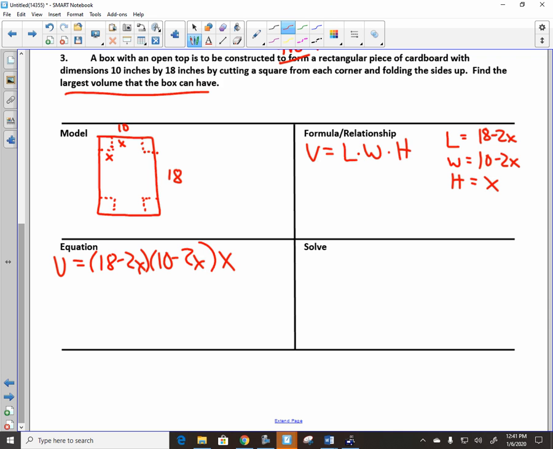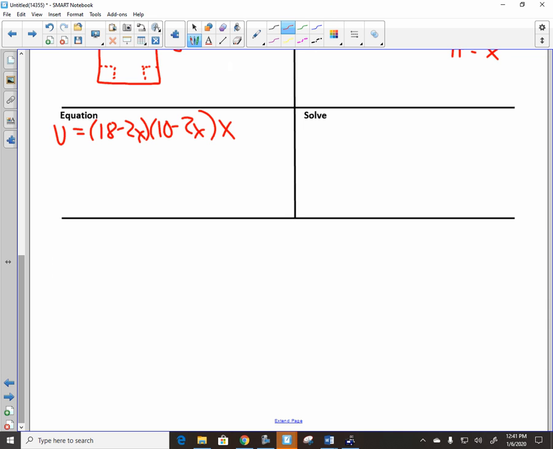I like to write it as a polynomial. Why? Because it's easy to take derivatives of polynomials. The volume in terms of x is, let's multiply this out. 18 times 10, 180 times x, 180x. Let's do the middles. Negative 2x times 10, negative 2x times 18.